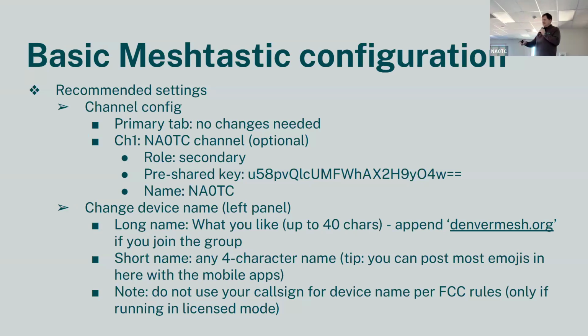If you connect in with your phone, you can paste an emoji in there, pretty much any of the emojis you can find on your phone. So if you go into text messaging, like you're going to message somebody, and you find an emoji you want, you just copy and paste it. And there's all kinds of fun ones. And as I mentioned, don't use your call sign for your device name if you're running in unlicensed mode. And I think the software now actually tells you not to do that if you try to paste it in there.